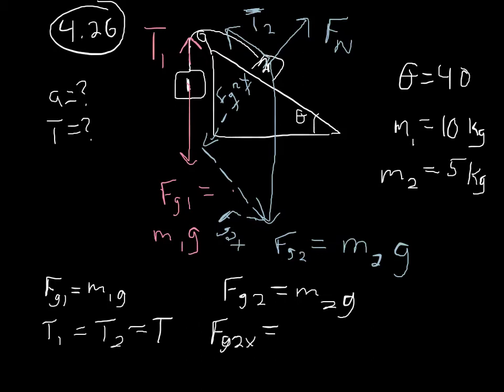What is FG2 in the x direction? Right along here. It's the sine. So we remember our angle. This angle is theta. I'm on the opposite side. Opposite gives you sine. So FG2x should be M2G times sine of theta.